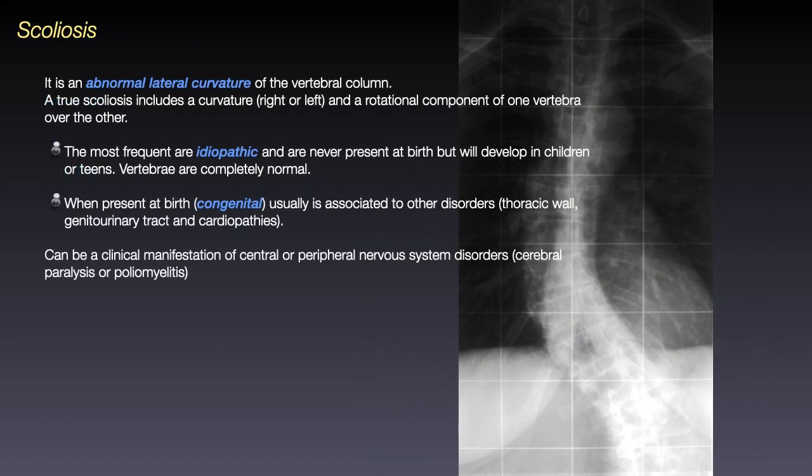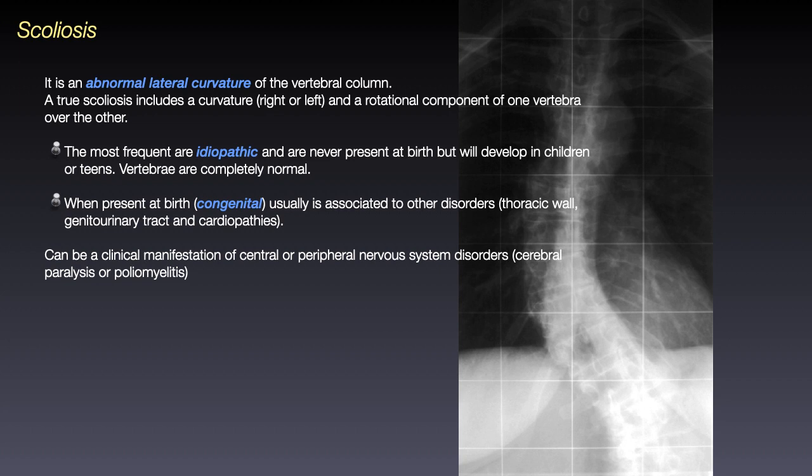Most frequent scoliosis are idiopathic and they develop during childhood or during the teenagers, where the anatomy of the vertebra is completely normal. Other scoliosis are congenital and are associated to some disorders during pregnancy.